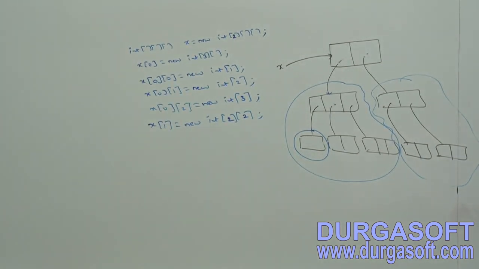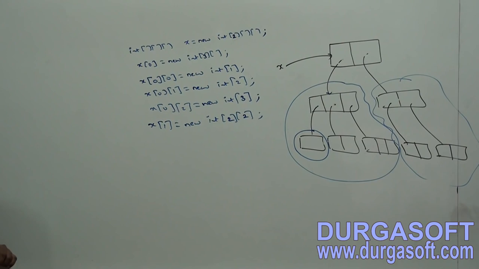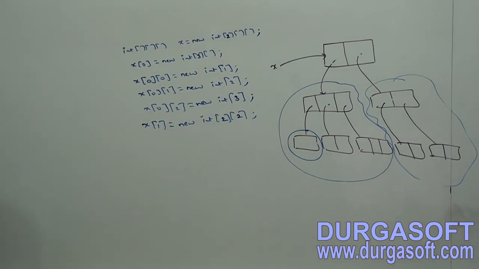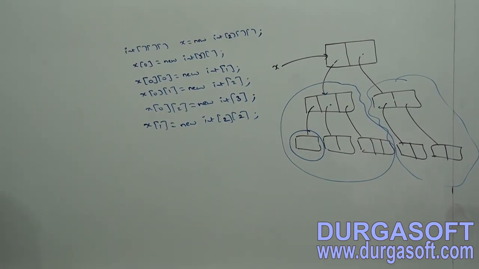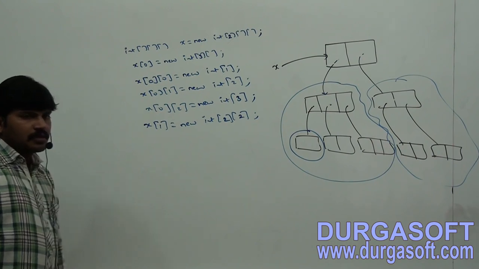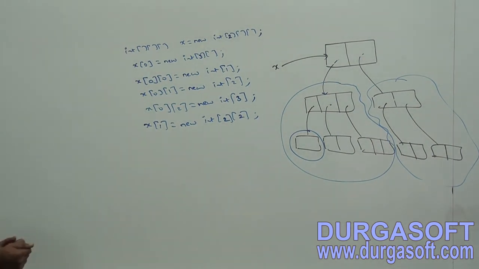Take clearly. 3-dimensional array x is equal to new 3-dimensional array of 2. x of 0 is equal to new int of 3, x of 0 0, new int of 1 2 3, followed by 2 2.